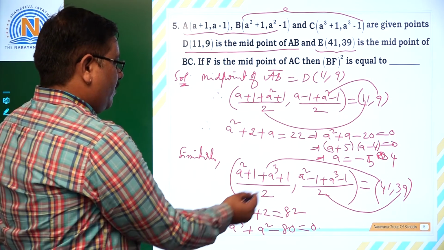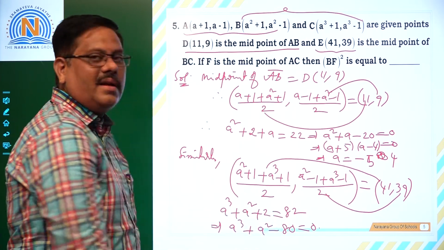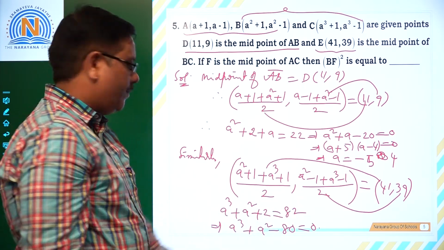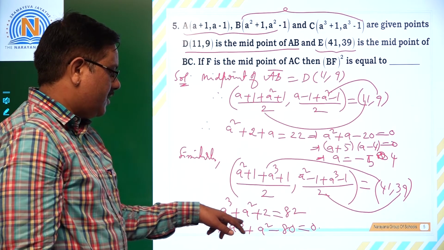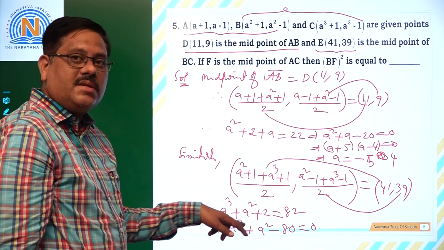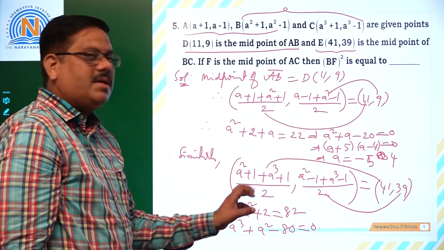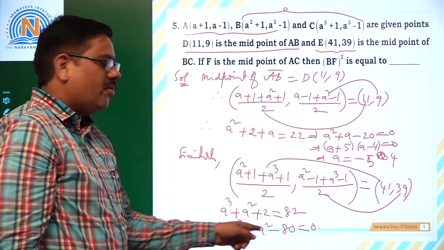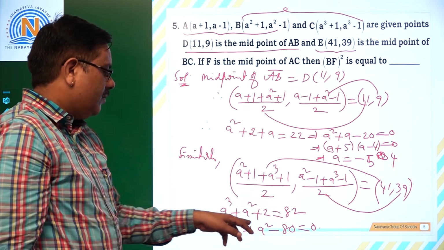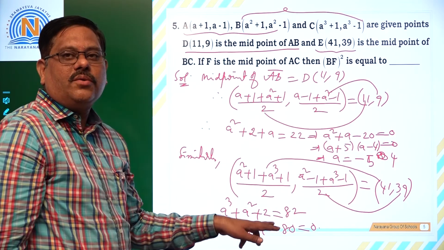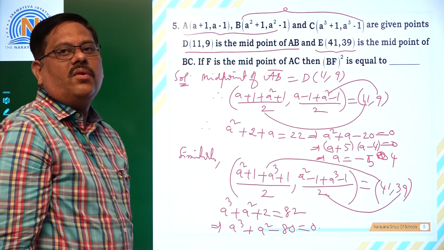By taking one of the values of a, if it is satisfied, that a will become its solution. So if you take a as 4, 4 cube is 64 plus 4 square 16, 64 plus 16 is 80, 80 minus 80 becomes 0. So a is equal to 4 is definitely a solution. If you take a as minus 5, it won't be 0. So only a is equal to 4 will satisfy here.